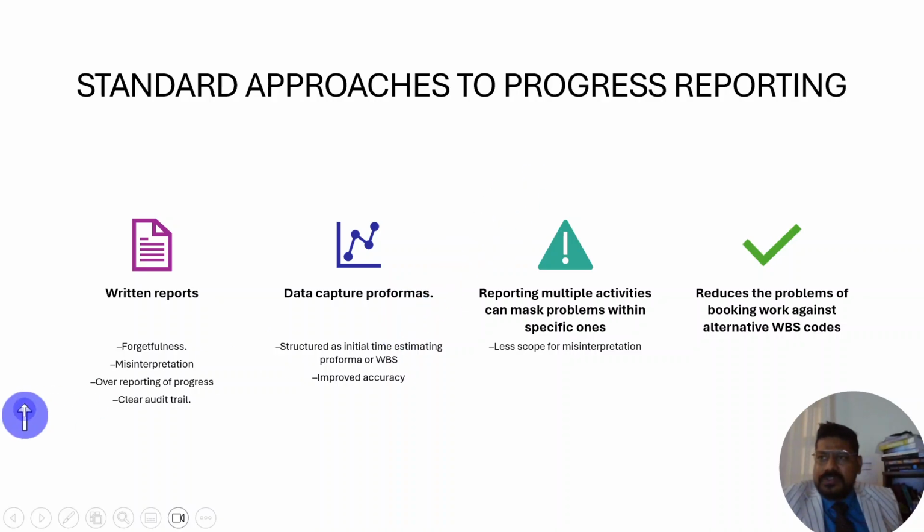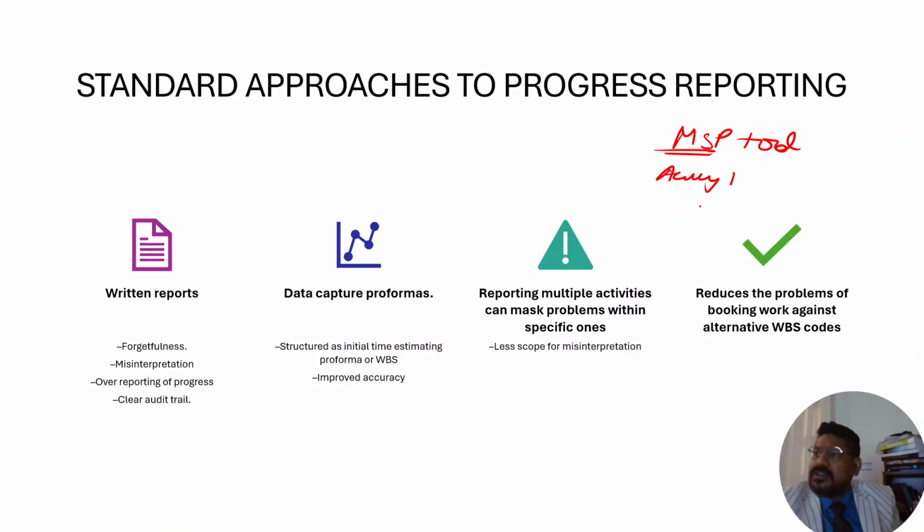First is written reports, data captures, reporting multiple activities, and reducing the problems of booking work against alternative work breakdown structure codes. So once you open the Microsoft Project tool, you will have all the activities, activity 1, 2, 3.